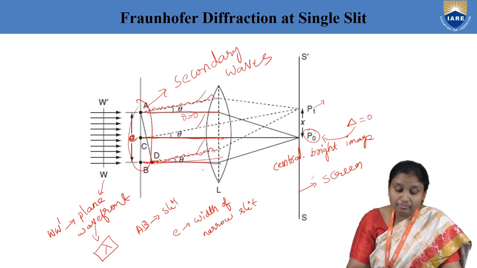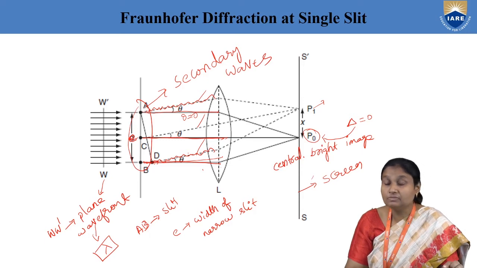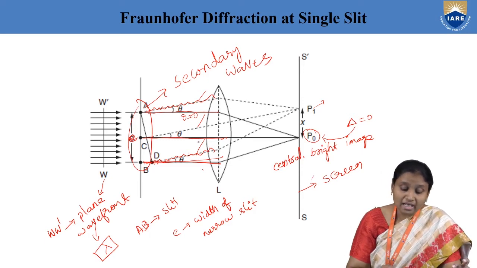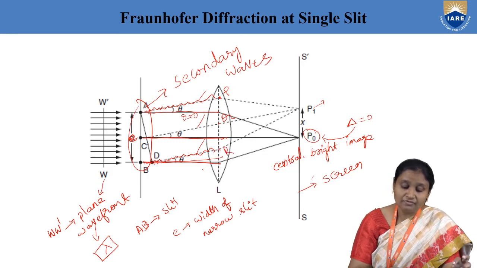And in order to find path difference, obviously what is our next step? We have to draw a perpendicular. So suppose this point I am considering as P, this point as Q, and this point as R. I have drawn a perpendicular from A on BR, and that perpendicular is AD.